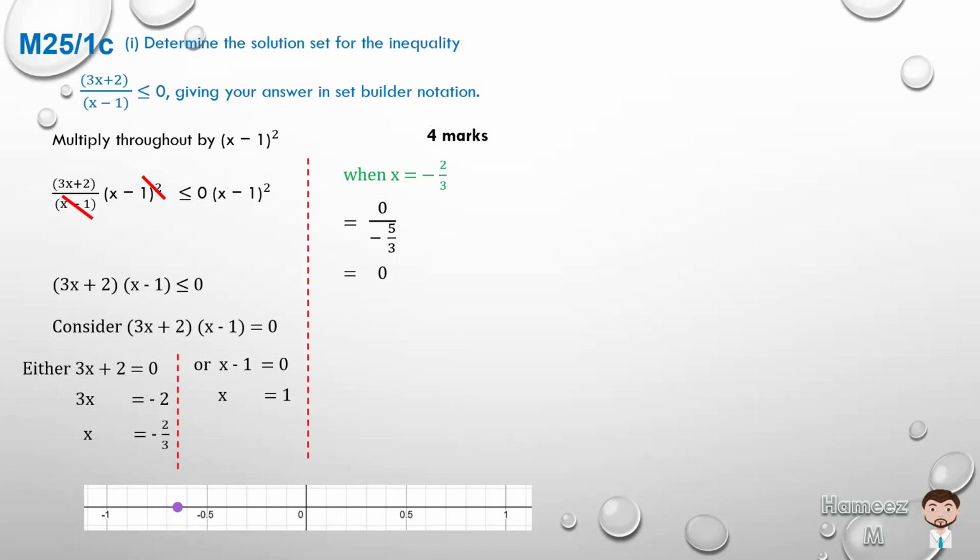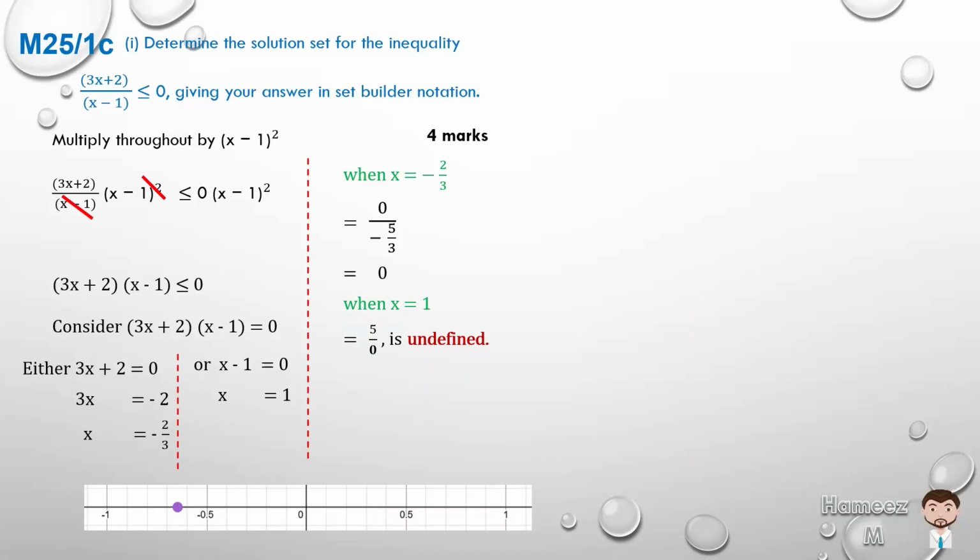The other point, when x is equal to 1, let's now substitute back into the original expression. 3 times 1 is 3. 3 plus 2 is 5, so you're going to get 5 on top. And 1 minus 1 is 0. 5 divided by 0. We cannot divide by 0.